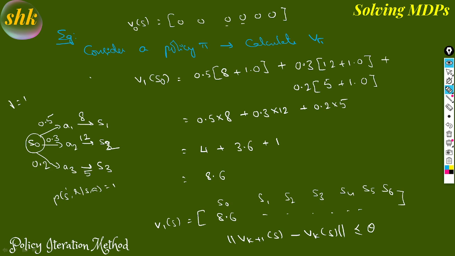Once this condition is satisfied, at this point we will call the value function V pi the optimal value function, and the policy at this instant the optimal policy pi dash.